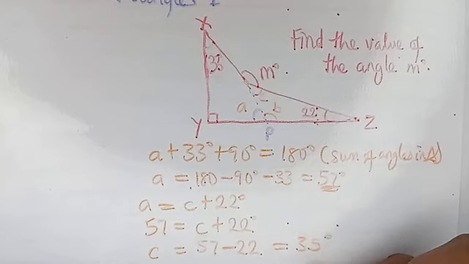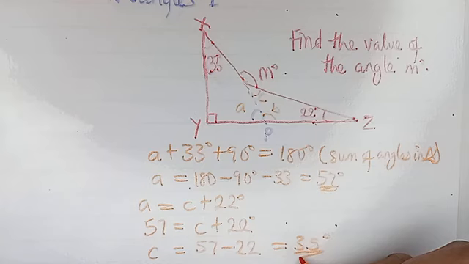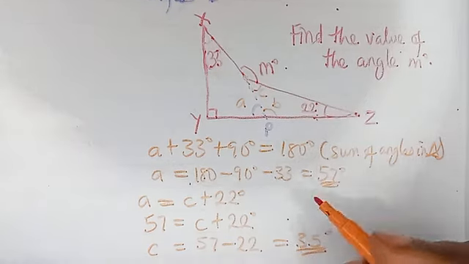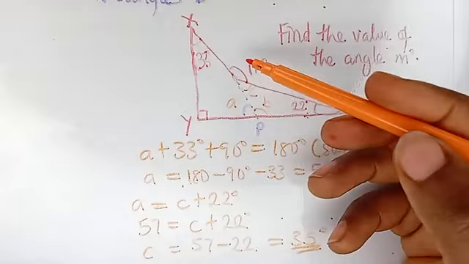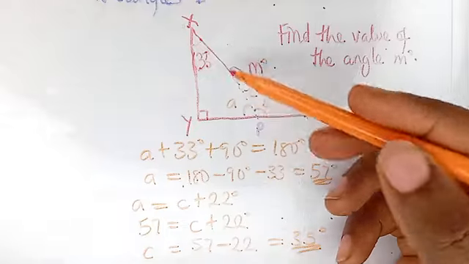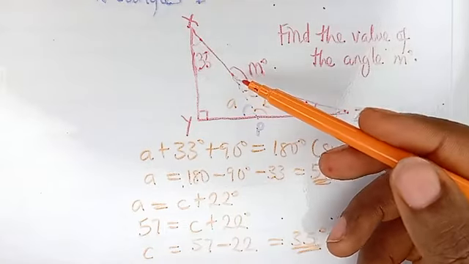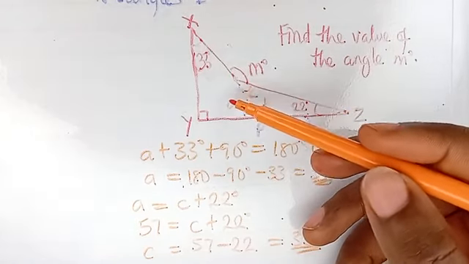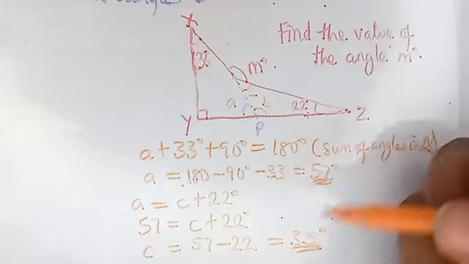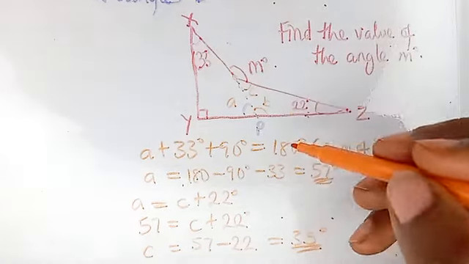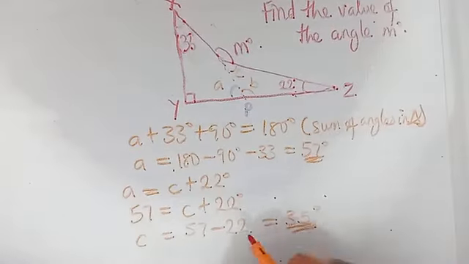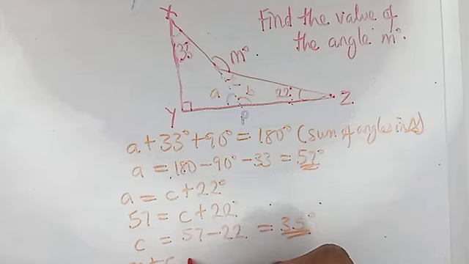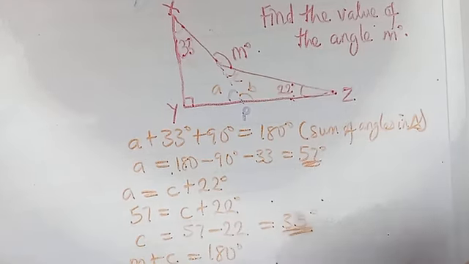So angle C is equal to 35 degrees. Okay, so we found angle C, and we can see from this line we extended is a straight line. We can see that angle M and angle C are on a straight line. We could even use angle at a point. You know that this part is 180 degrees because this is a straight line. But let's just use angle on a straight line, right? Okay, so we have that angle M plus angle C is equal to 180 degrees.